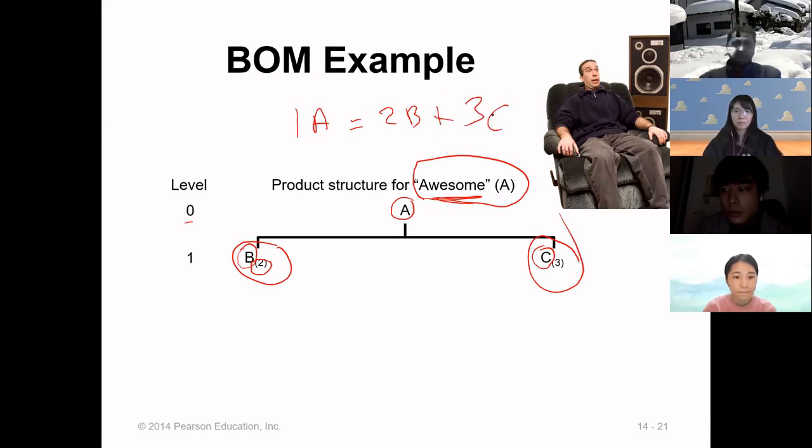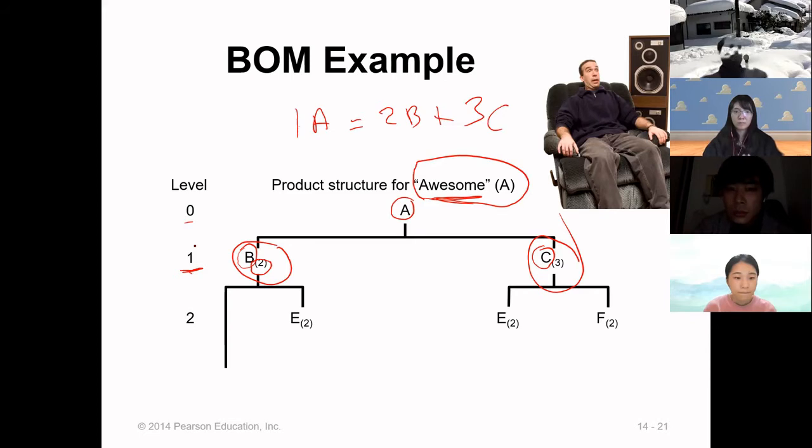Understand? So this is the child for A, and this is at level 1. So this is called the product structure. You can break down the product structure, BOM, bill of material or product structure. Then we go down to the next level. Next level means in order to make 1B, you need 2E.